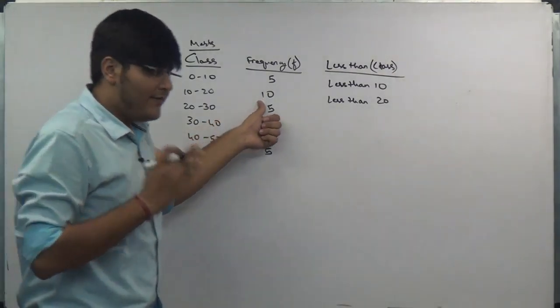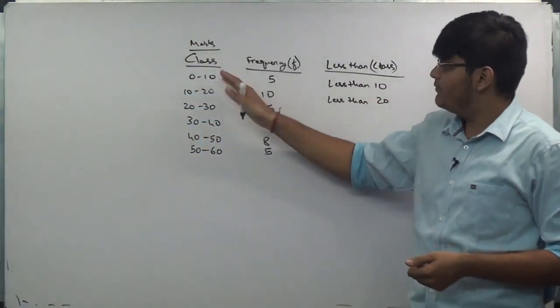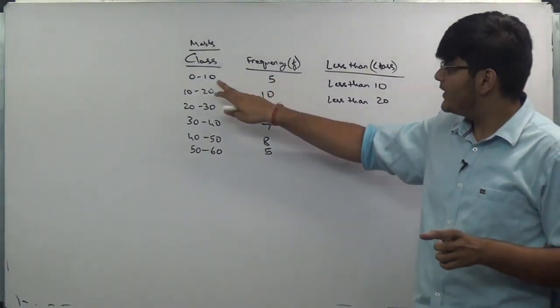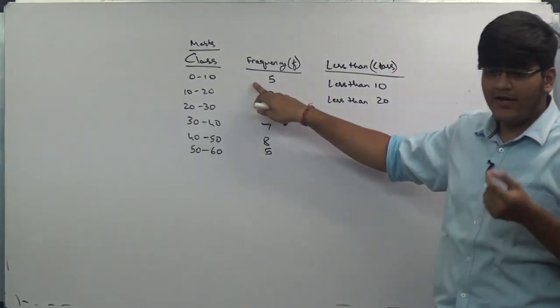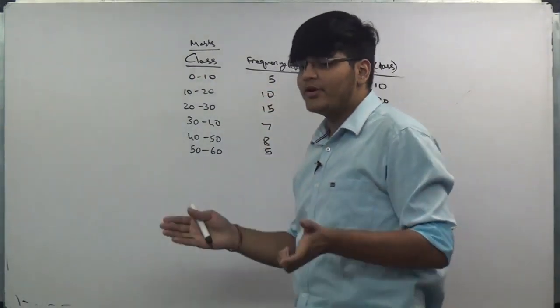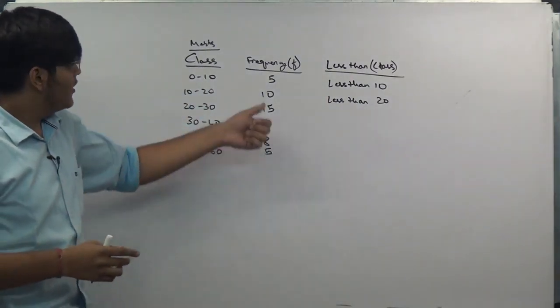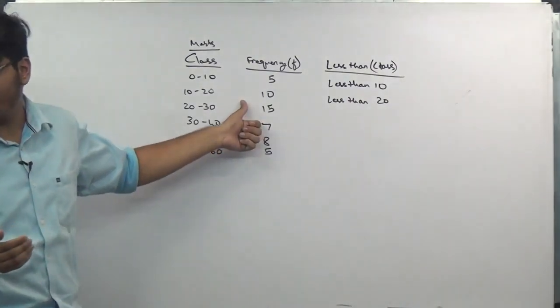How? If we say the marks of students below 10 is 5, that means the number of pupils who have attained marks from 0 to 10 are 5. But if we say the number of students who have scored below 20, it refers to all the students who have scored even lesser than 10.